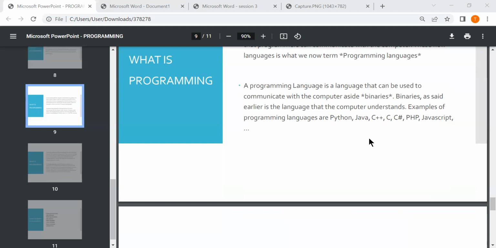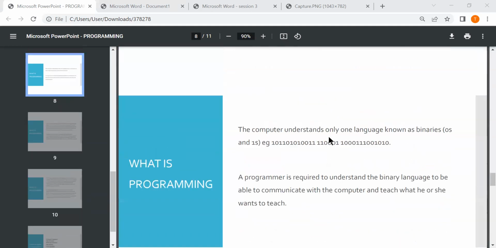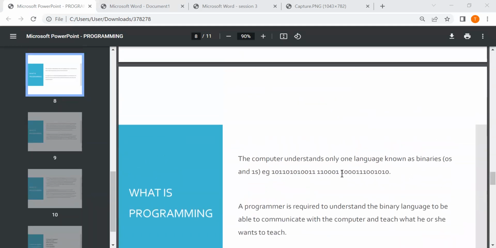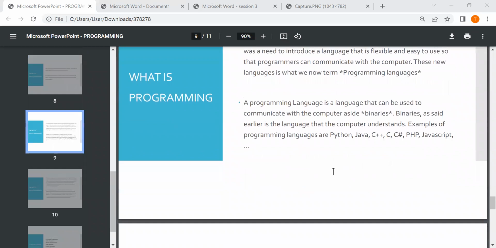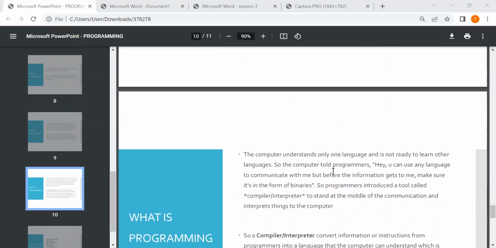So the compiler will pick the information that's been written with C or C++ and will convert it into binaries, into something like this, and pass it to the computer. And the computer can understand it this way. And the computer can finally learn or hear what the programmer is trying to teach and carry out that instruction.